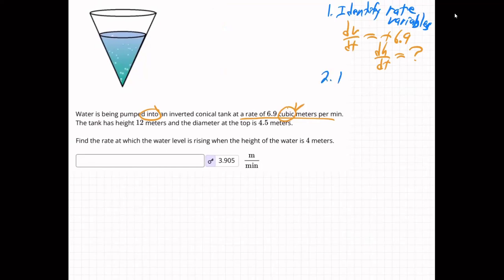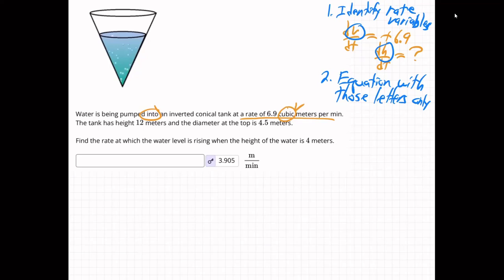Step two, come up with an equation with only those letters. What letters? V and H. No other letters. Well, what's the formula for the volume?